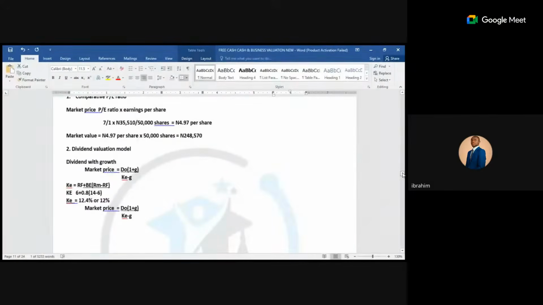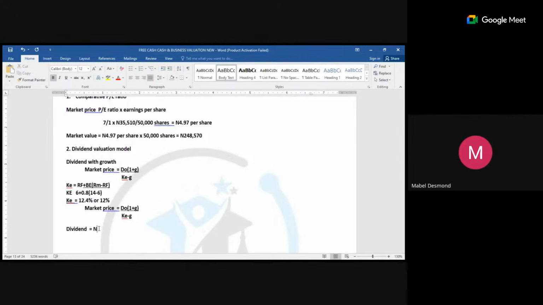Now, if you have 8,420, can you put the 8,420 here? The dividend that you have there is the total dividend. So get your dividend per share. Just divide it by the number of shares so that you can grow your dividend. What is the dividend figure? 8,420.